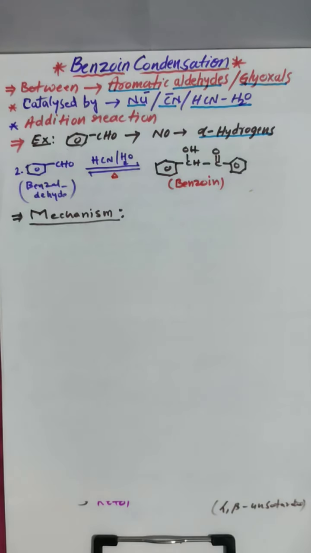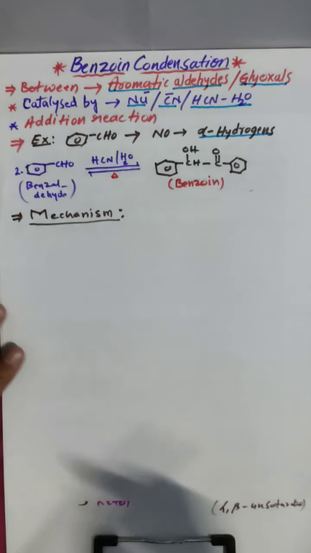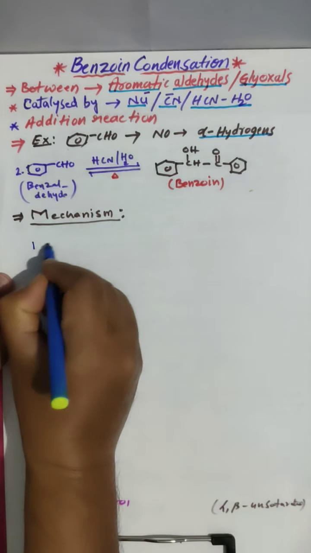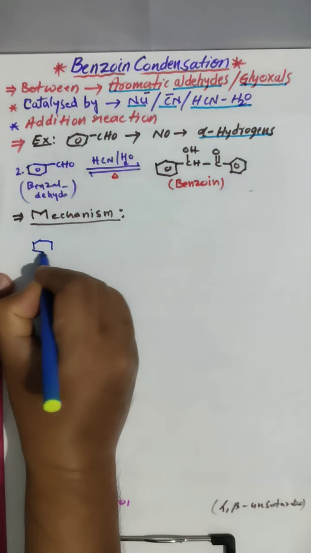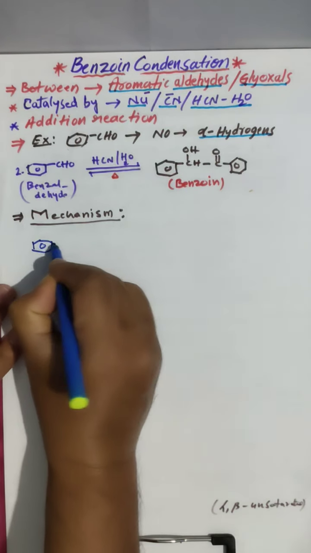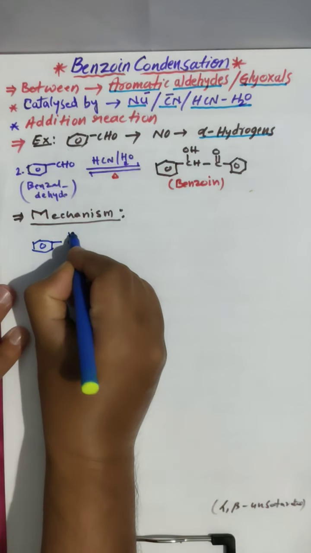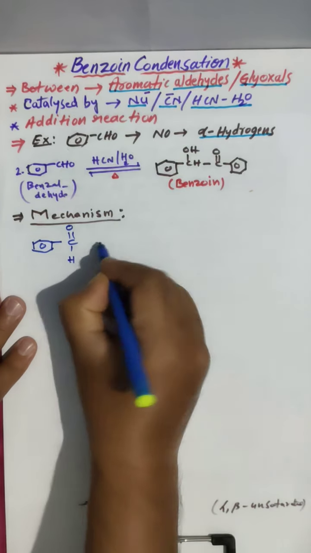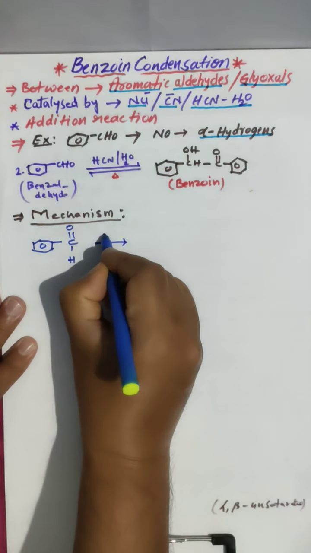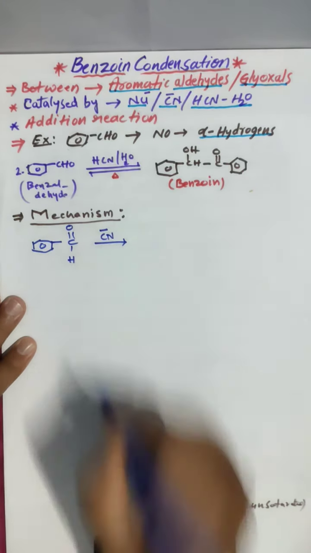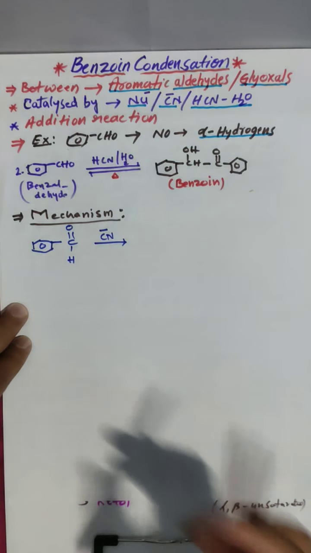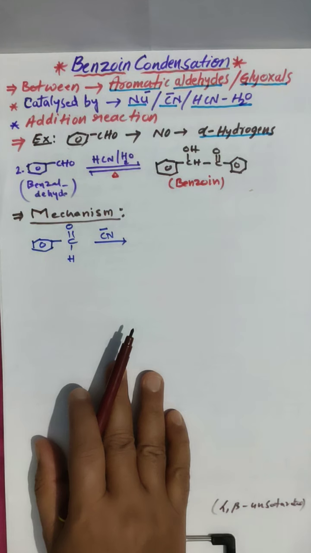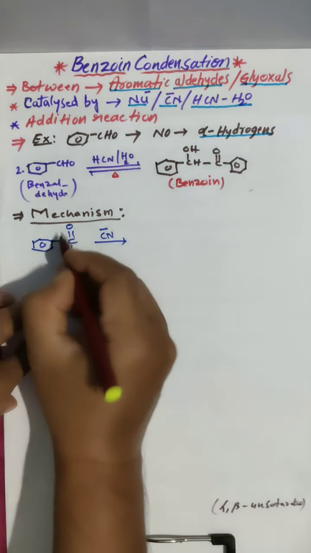Look here, we have to take 2 moles of benzaldehyde. First, 1 mole of benzaldehyde. This is the benzaldehyde molecule. It undergoes attack by the nucleophile. I told you already, it is catalyzed by a nucleophile. The nucleophile here acts as a catalyst.